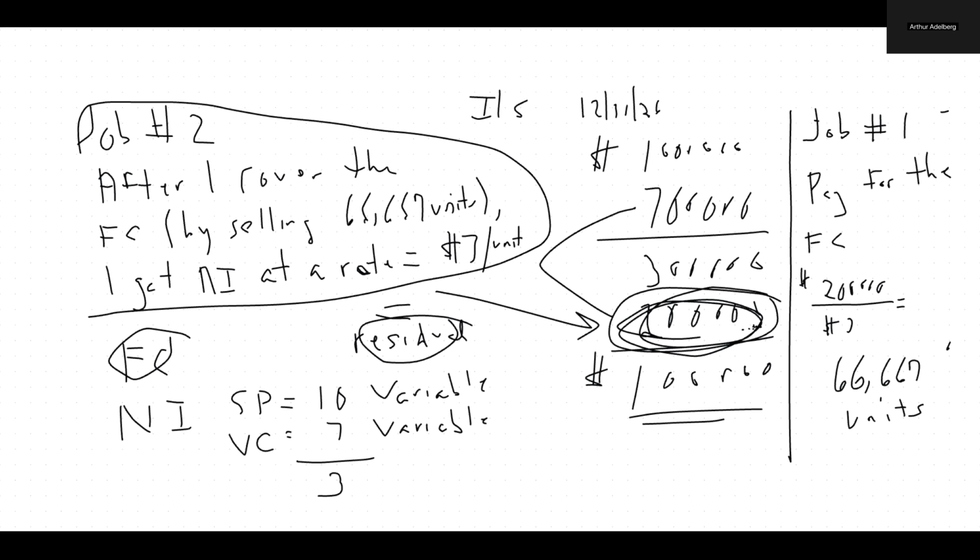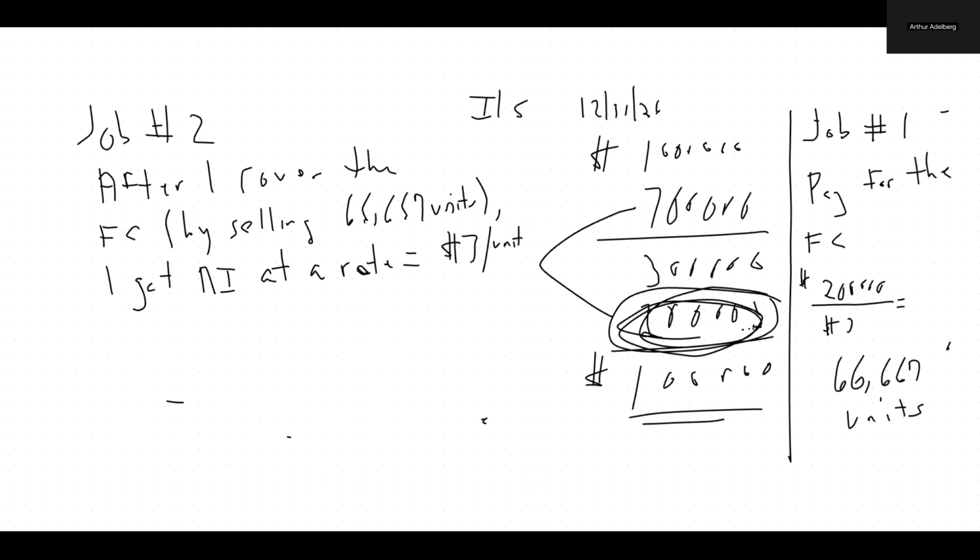I've got to sell, let's say I sell one more unit. So I sell 66,668 total units. That extra unit will get me net income equal to $3.